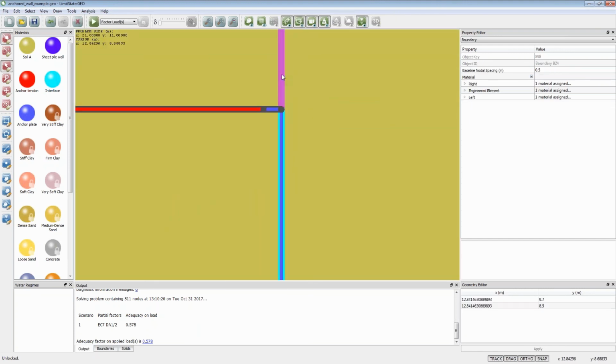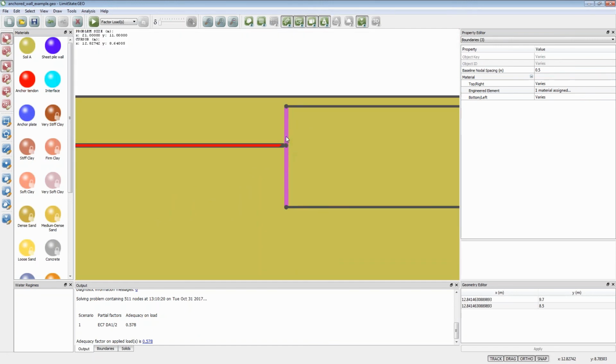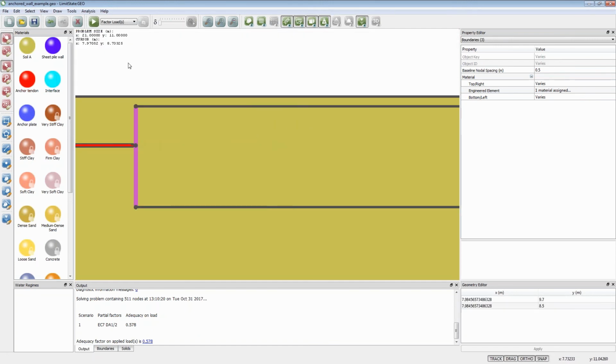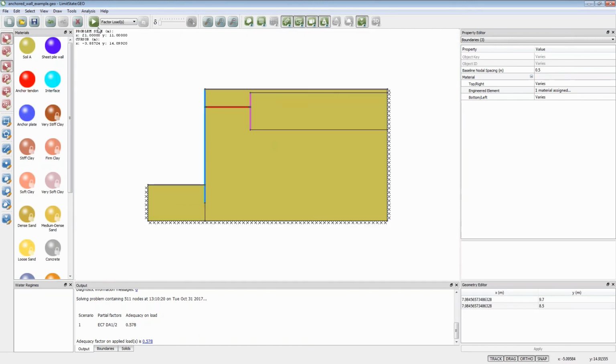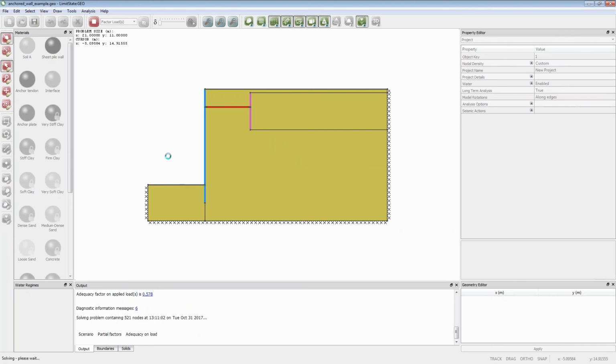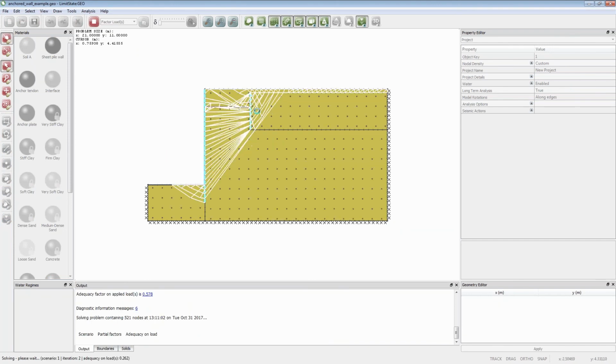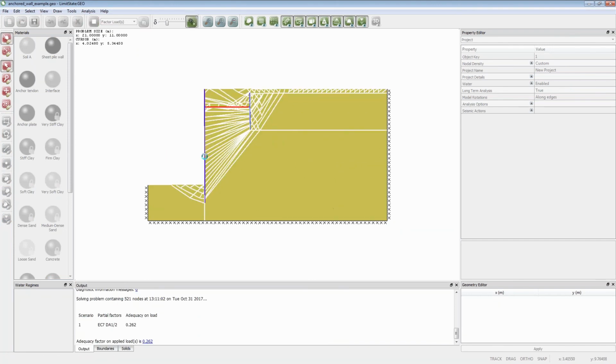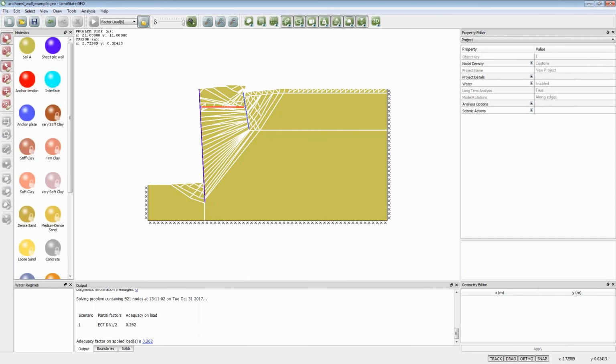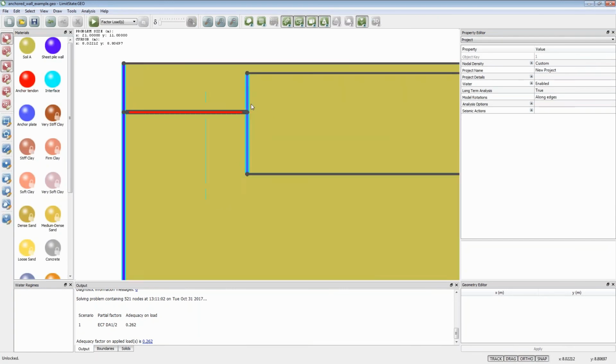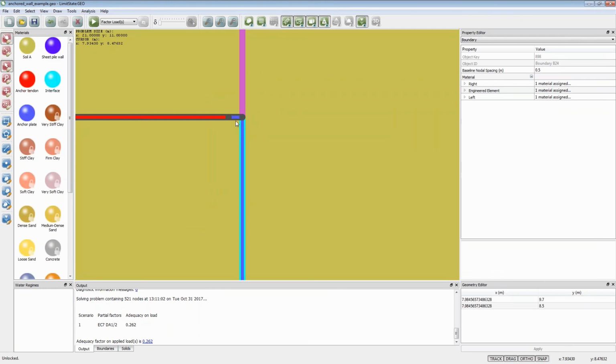And if I move that a little bit closer, then the anchor is clearly going to be interacting more and more, behaving as part of the wall, and our adequacy factor drops even more. We've still got a bit of a wedge of soil in between there, but in the extreme I can push this right up.